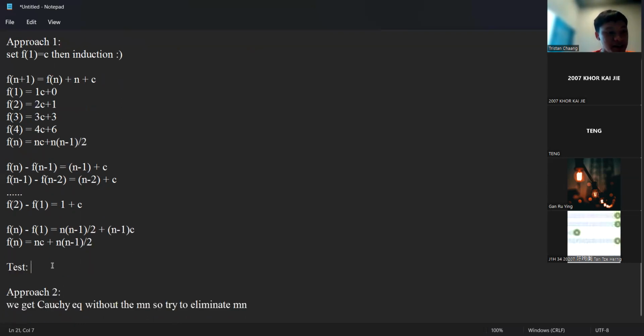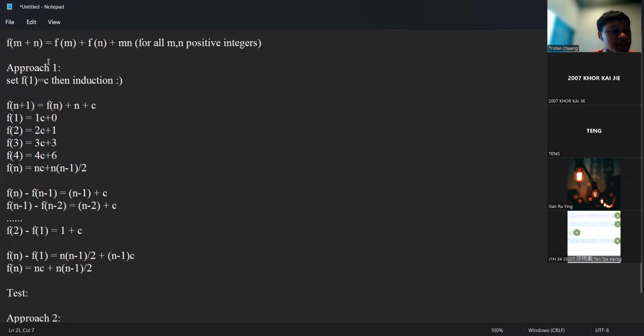In fact, I'll just test it here. So f(m plus n), you get this term. Is it equal to f(m) plus f(n) plus mn? Let's see if that's true.